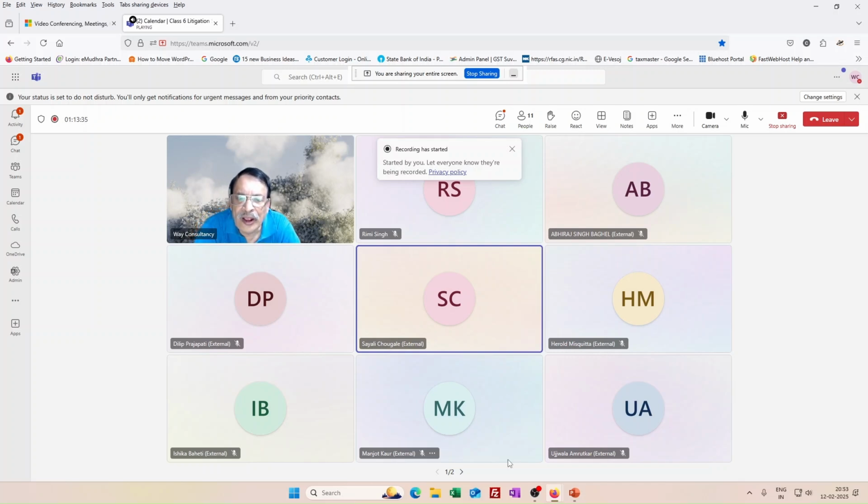In that case, you have to take up the matter with the supplier itself and seek a revised return for the revised invoice, and ask him to give a debit or credit note so that you can also accommodate that for adjusting the input tax credit. That is the only solution.